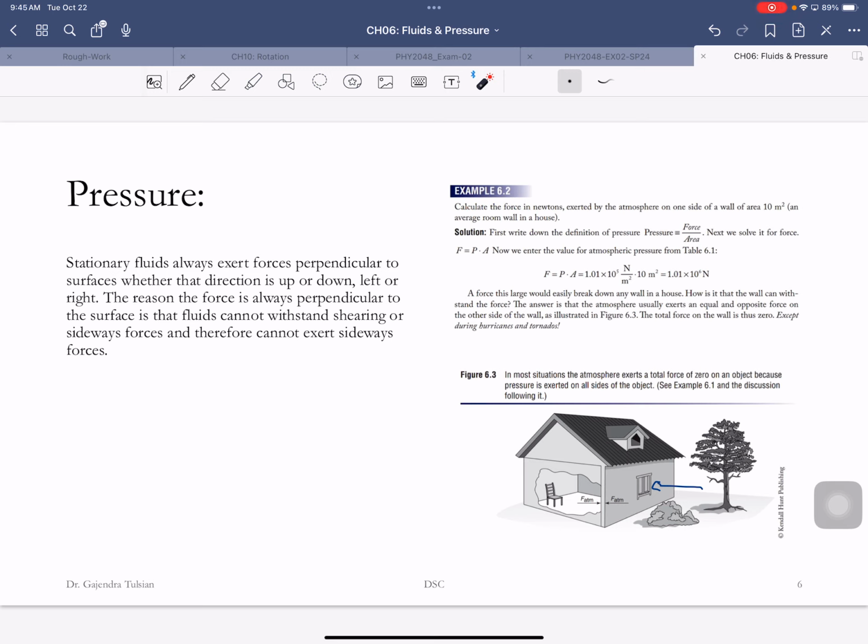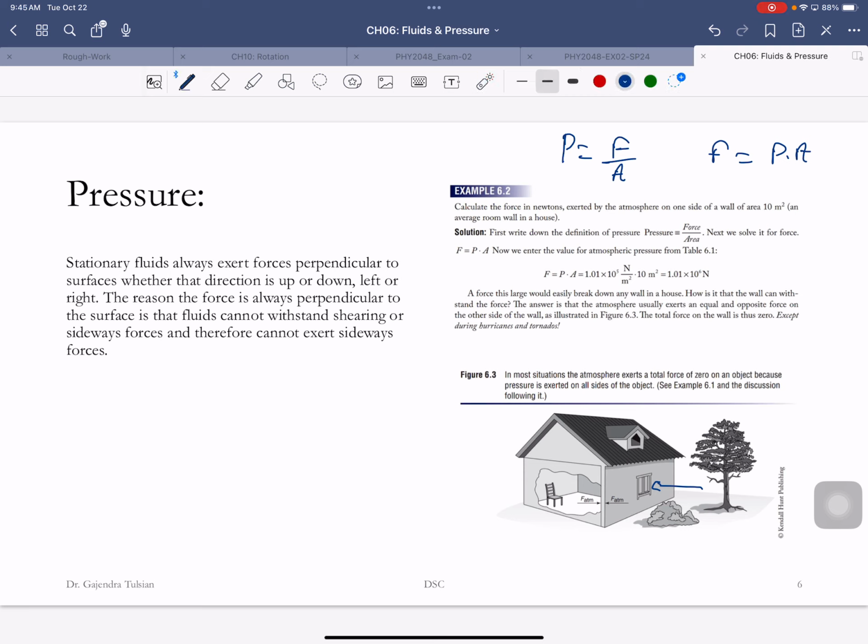Okay, we'll calculate the force on half that wall on the side there. Pressure is force divided by area, so force is pressure times area. The pressure is 1 atmosphere, and there's the area. So the force is 10 to the power of 6 newtons.